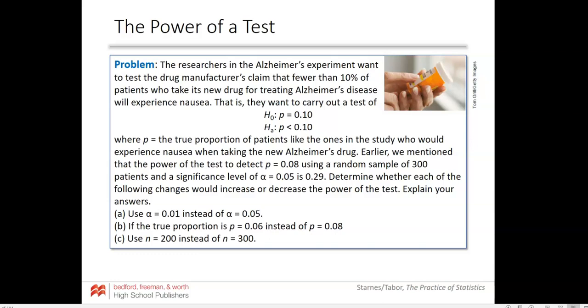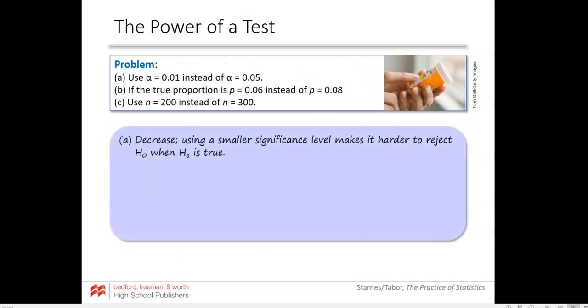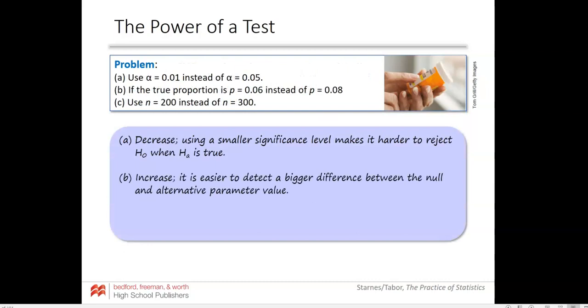That's a bigger difference between the null and the sample. If you get a sample result of 0.06, there's some power there because there's a big difference between 0.06 and 0.1. So it's going to increase because there's a bigger difference between the two.